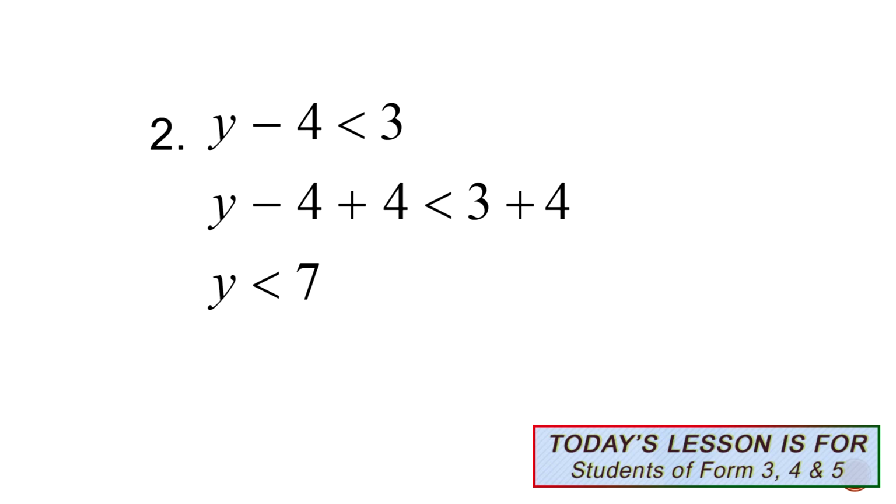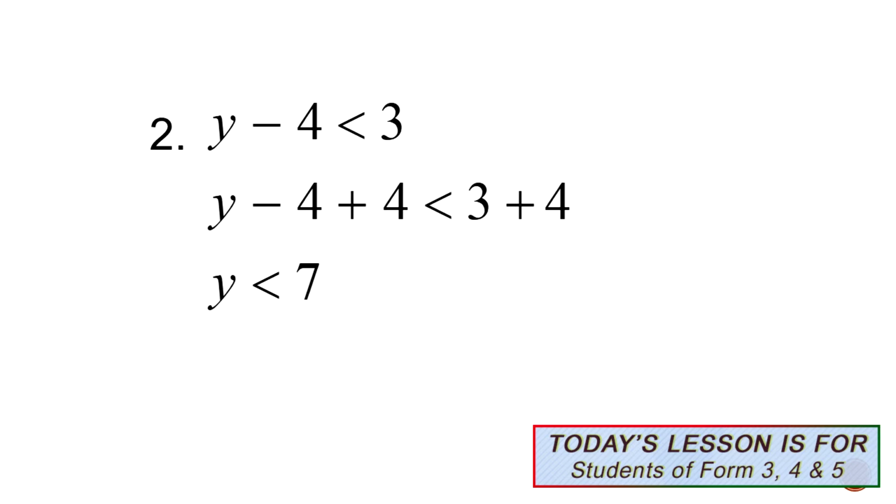Let's look at our second linear inequation. We have y minus 4 is less than 3. We are going to solve this inequation by adding 4 to both sides. When we do so, we get y minus 4 plus 4 is less than 3 plus 4. We simplify this to get y is less than 7.